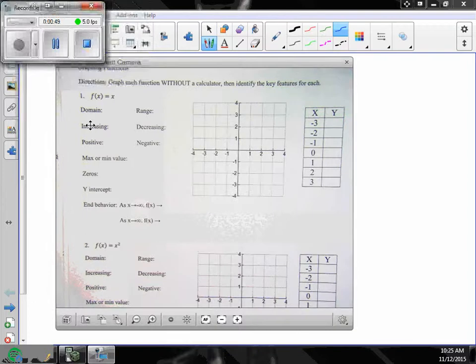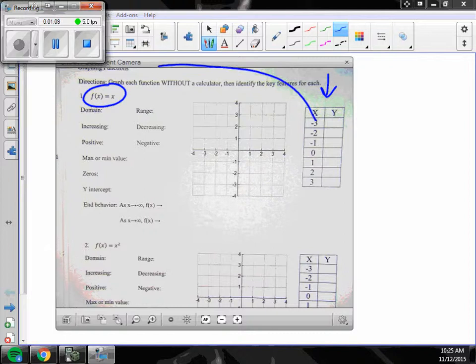So the function is f of x equals x, and we need to fill out this table of values and graph those points to figure out what the function looks like. So what happens when we plug -3 into that function? We take -3 and we stick it there, and we get out -3.